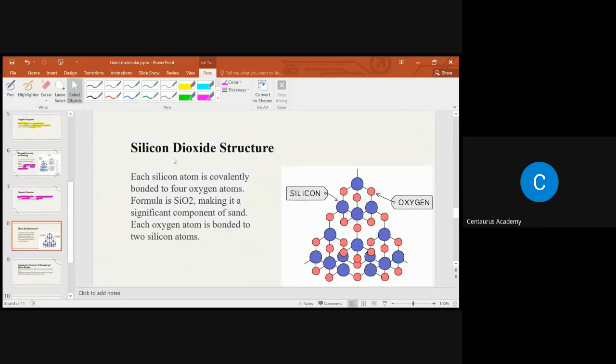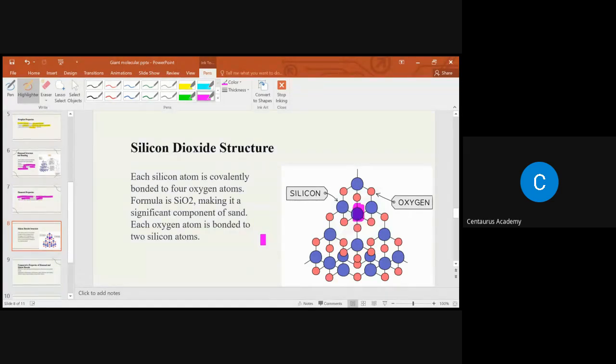Moving on to silicon dioxide. If you look into silicon dioxide's structure, every blue circle you see here is a silicon atom. This particular silicon atom is covalently bonded to how many oxygen atoms? Four. Just look at this one right here. This silicon is covalently bonded with four other red circles, meaning four oxygen atoms, making its formula silicon dioxide, SiO2.